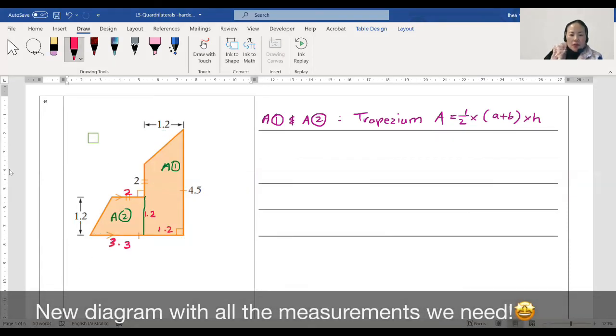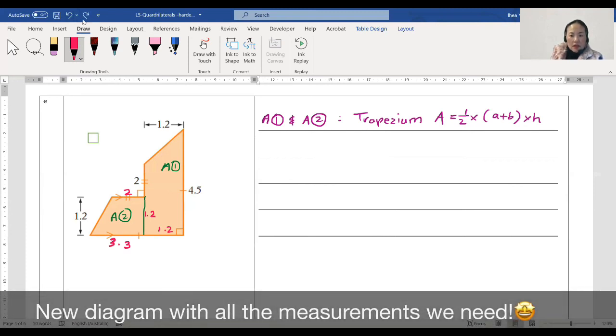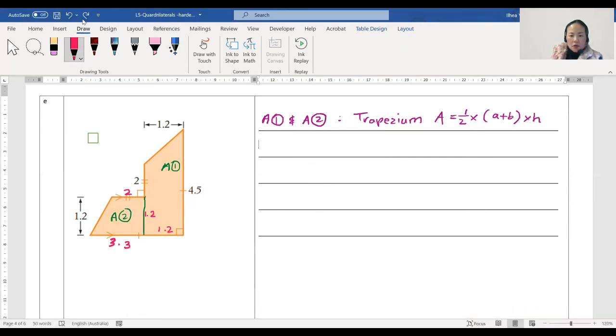Now let's have a look. We can't double this trapezium because they're not the same trapezium. If they were the same, total area equals area 1 plus area 2. Now area 1 trapezium is this one. So I'm going to go half times the 2 bases.